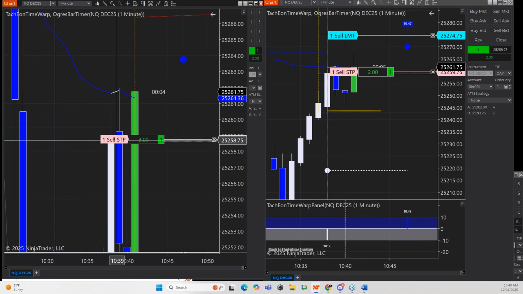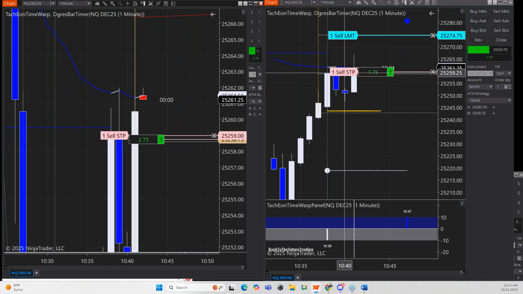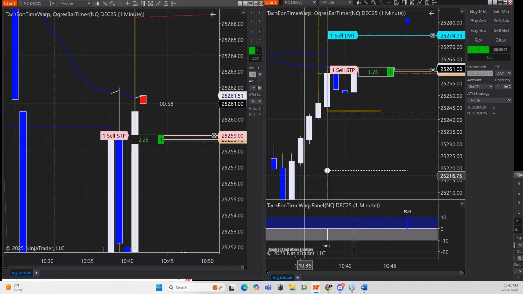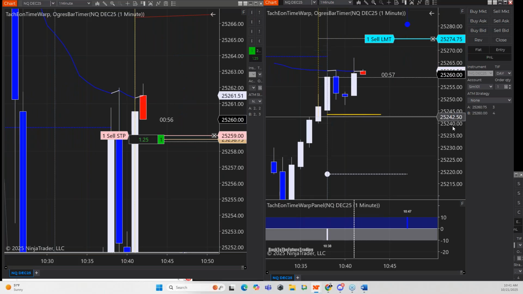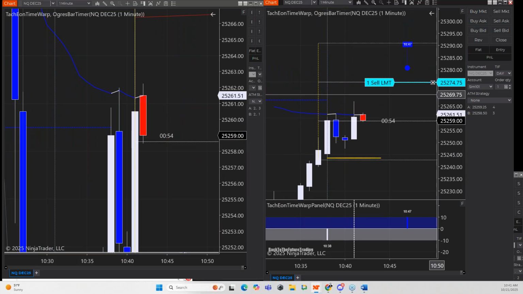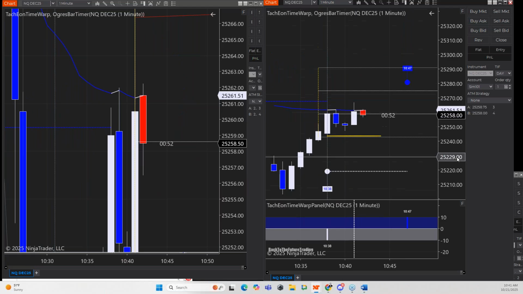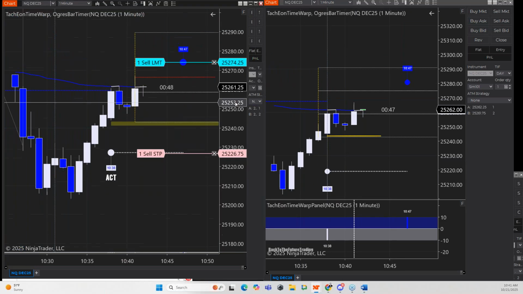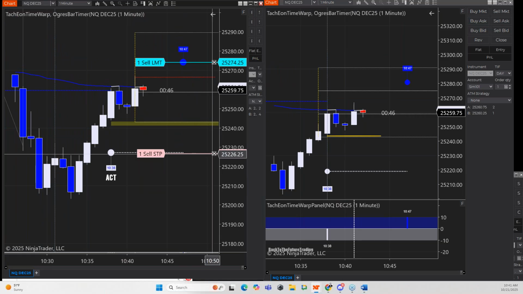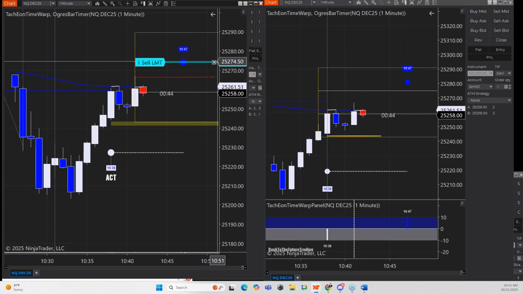I lock in 1 tick. Same thing over here, 1 tick. So I'm taking out on our aggressive counter trend trade. Nowhere to go.